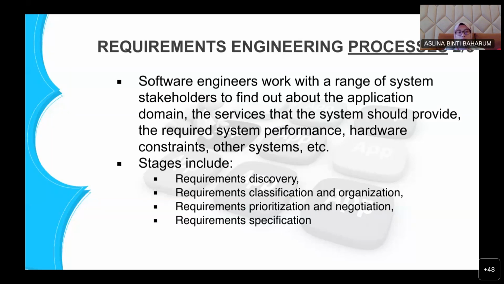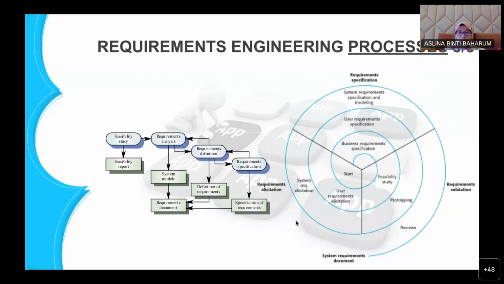Discovery means you discover a lot of requirements, then you classify and organize them in a structured way, and then prioritize which one has the highest priority, and negotiate which are the highest and lowest prioritized, and then you can come up with the final specifications.